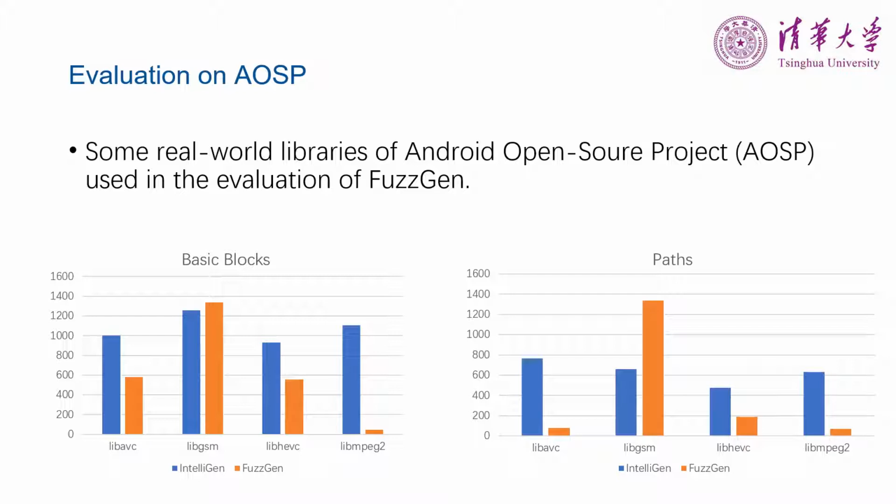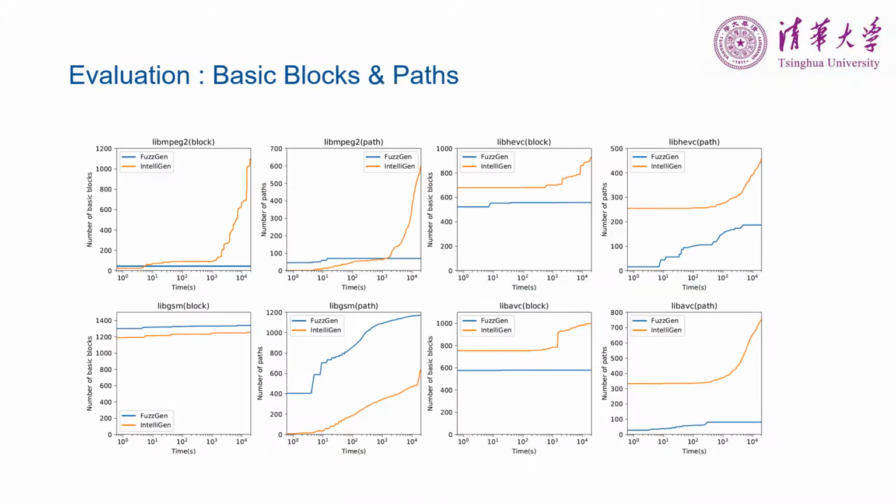On projects like AVC and HEVC, IntelliGen covers nearly twice as many basic blocks as Fuchen, and on projects like MPEG2, IntelliGen covers a lot more basic blocks than Fuchen. On libraries like GSM, IntelliGen covers almost the same number of basic blocks with just half the number of paths that Fuchen does. And here is the growth trend for basic blocks and paths.